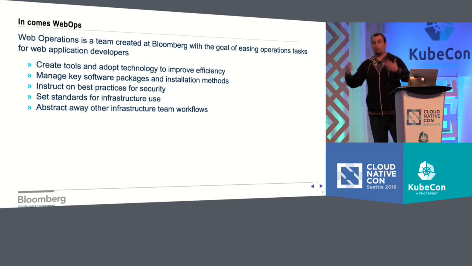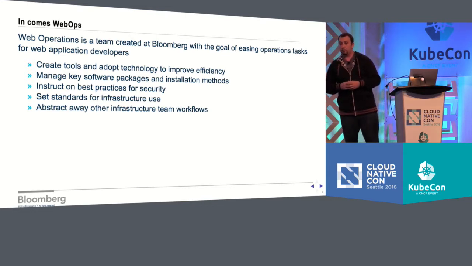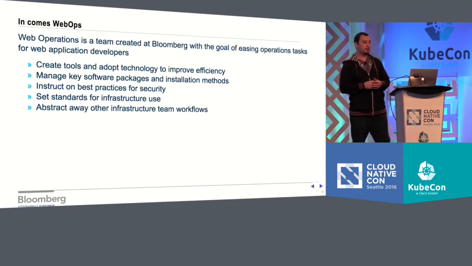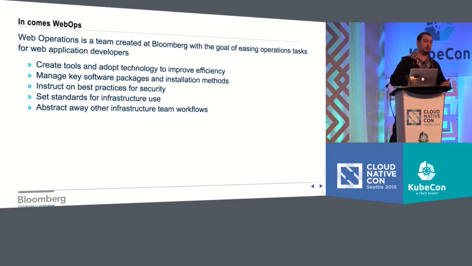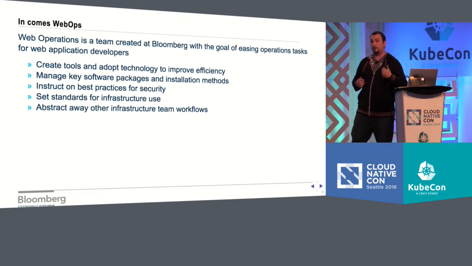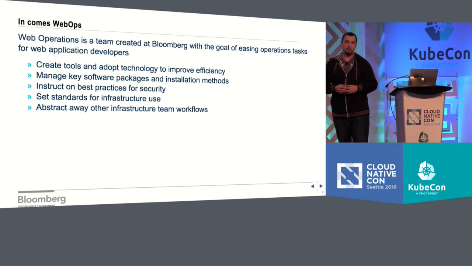The WebOps team in Bloomberg creates tools and adopts technologies to improve efficiency for the web teams. We manage software packages, we create methods for deploying new software, and we create the tools required for software teams to get their applications out to the consumers. Historically, we're not directly managing the deployment of the applications themselves.